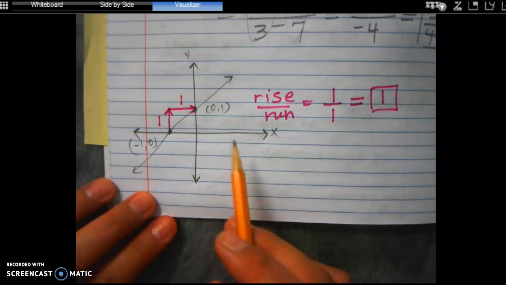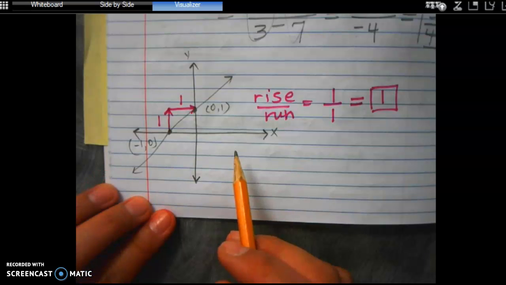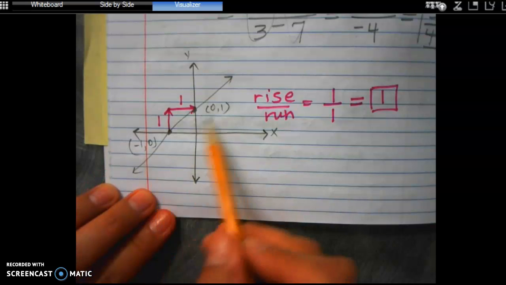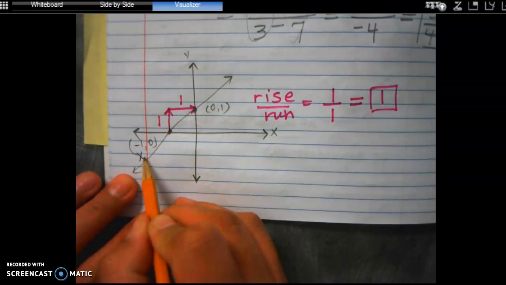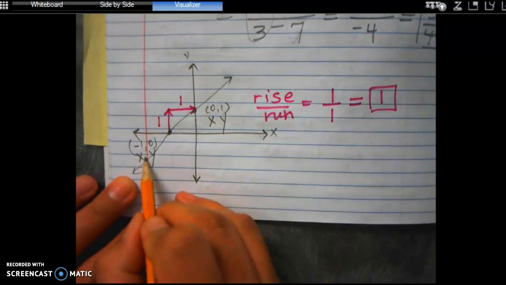So if this way is tricky for you right now, you have the option to use the slope formula, right? You're given 2 points. You can label those points x, y, x, y. We'll call these our 1s. We'll call these our 2s.